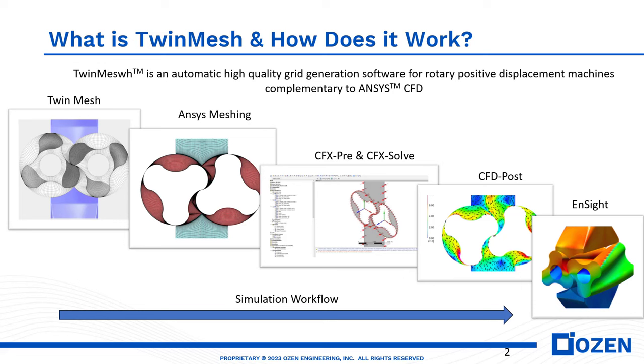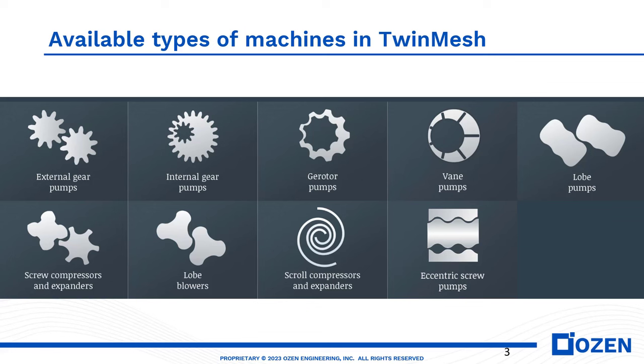The pre-processing and the simulation can be done in either CFX or Fluent. And then the results can be post-processed with either CFD-Post or EnSight. The grid can be generated for many types of machines in TwinMesh, such as external gear pumps, internal gear pumps, screw compressors, lobe blowers, eccentric screw pumps, and so on.